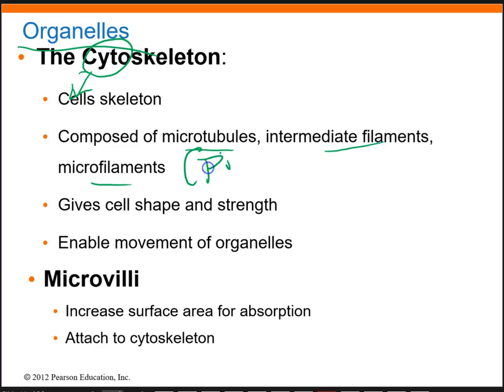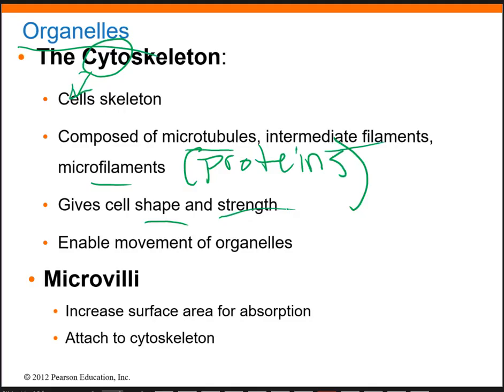Again, these are all just structural proteins. The cytoskeleton gives the cell shape and strength, just like our skeleton. Our bones give us our general shape and stature and size and strength. They keep us strong and provide protection.